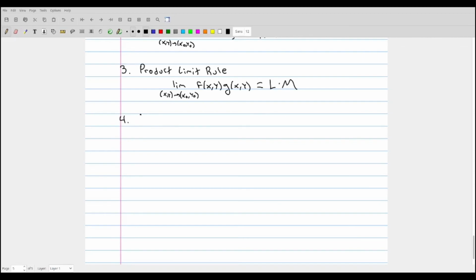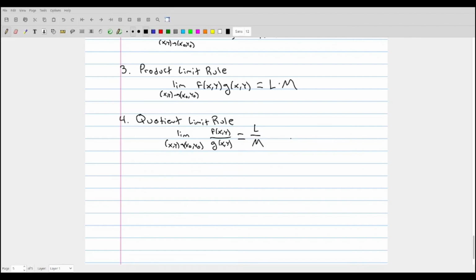The next one is called the quotient limit rule, which says that the limit as you go to a point of the quotient of two multivariable functions is just going to be equal to the limit of the top function over the limit of the bottom function.